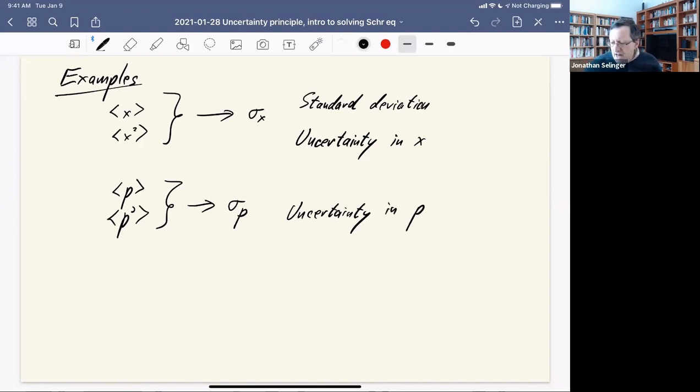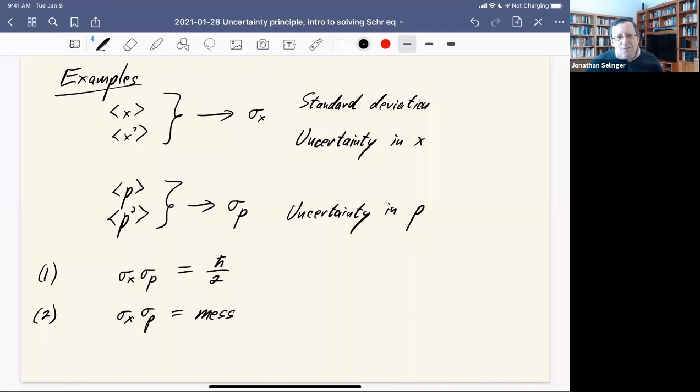Okay. And then just at the end of the class, I pointed out to you, what do you get if you multiply these numbers, the uncertainty in x times the uncertainty in momentum? In the first of the two demos, this product came out to be exactly equal to h bar over 2. In the second demo, it came out to be a mess.